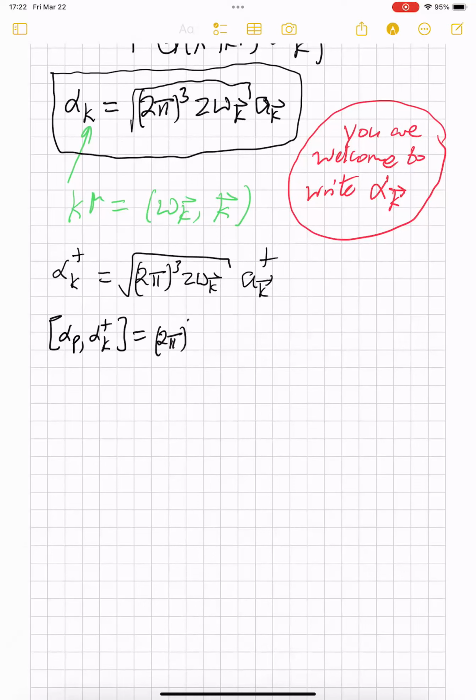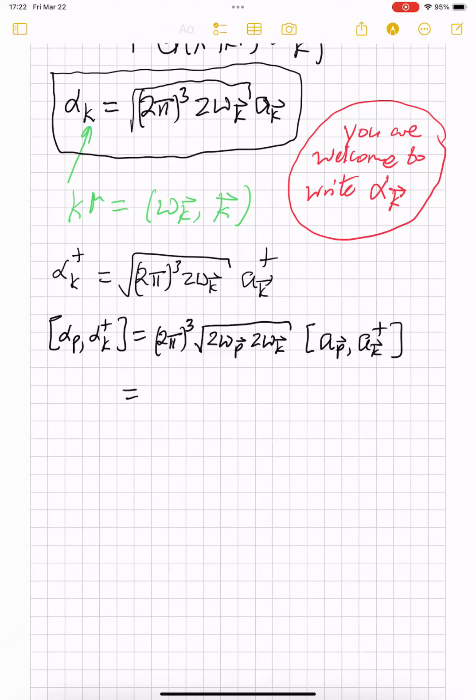Now the omegas are not the same, so I better keep them both. So from the α_p, we'll have a 2ω_p, and from the α_k, we'll have a 2ω_k. And then we will have [a_p, a_k dagger].